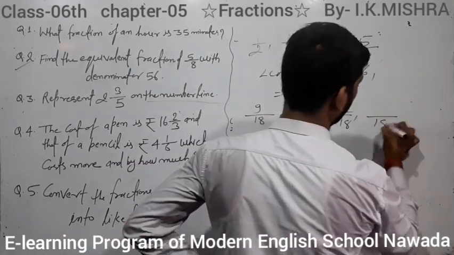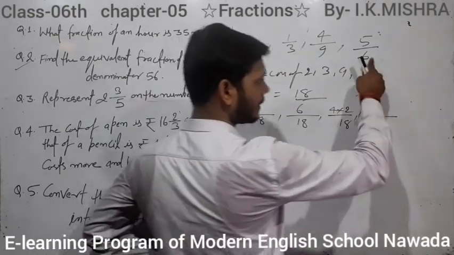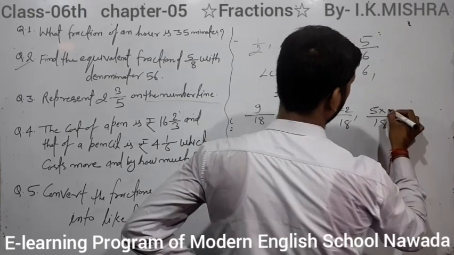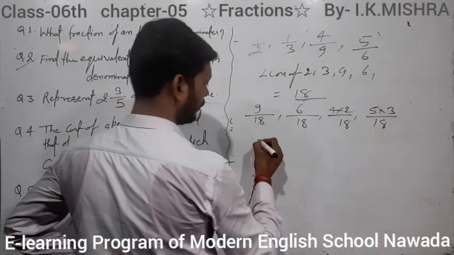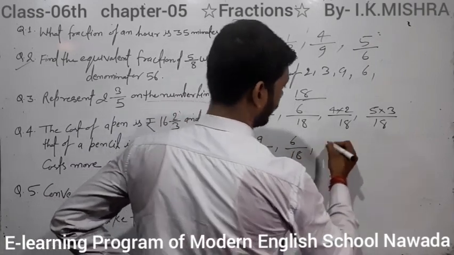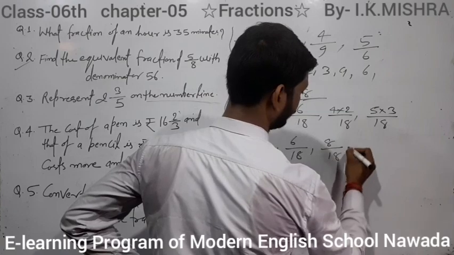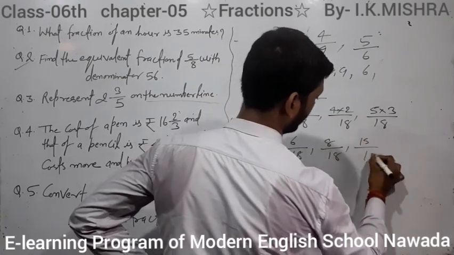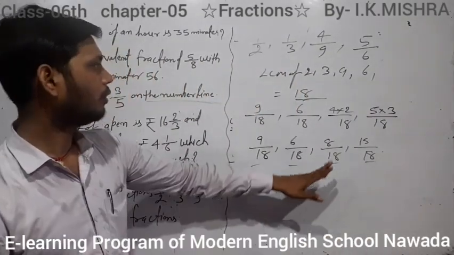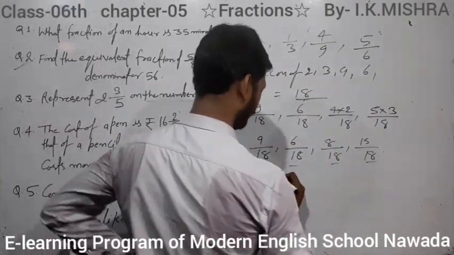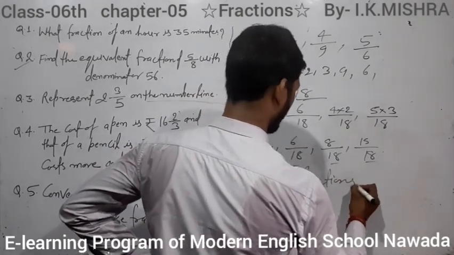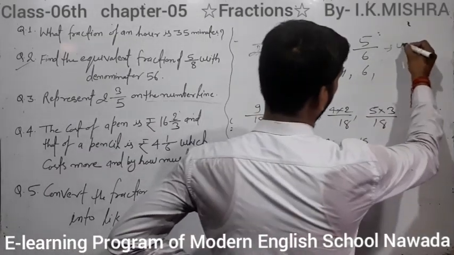Now write also 18, and dividing 18 by 6 gives 3 times, 5 into 3. So here 9 by 18 and 6 by 18, 8 by 18 and 15 by 18. Friends, all of these have equal denominator 18, so these are like fractions, and the originals are all unlike.